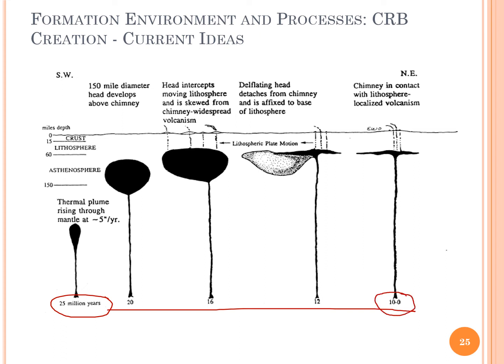the current day. And what you see here is the mantle material coming up as a general oval or tear-shaped form. But then as the plates began to move over the top of this, geologists believe that the head of this mantle plume may have begun to be distorted or moved around by the movements of the plates themselves.